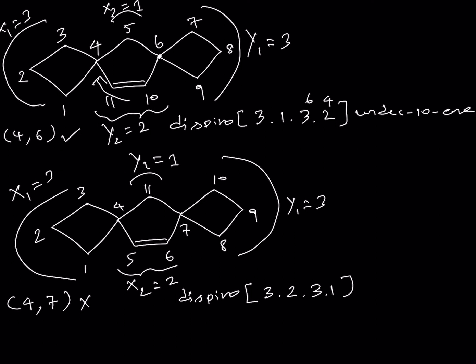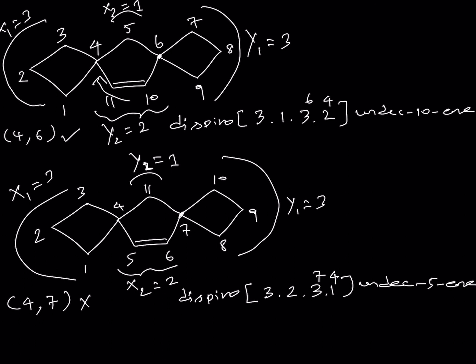So 3.2.3.1. So here you will be mentioning that these 3 carbons are at position 7, when you go from this side of the ring to the other one, and then for 1 you are at 4. So the value of Y2, where it ends, it joins at 4. So that you are mentioning. And then undec, whichever way you want to call it, 5-ene.